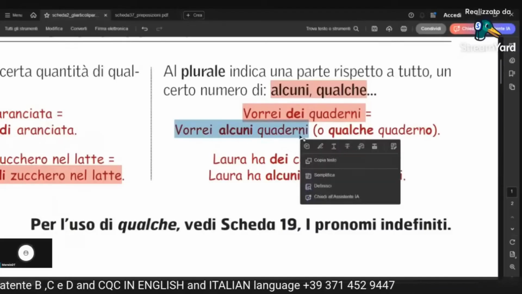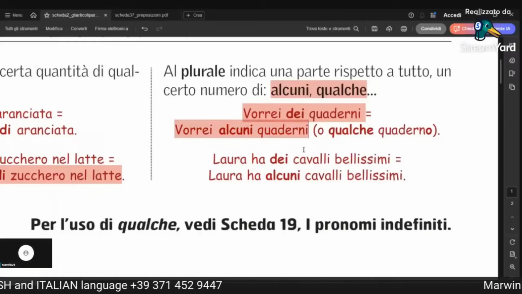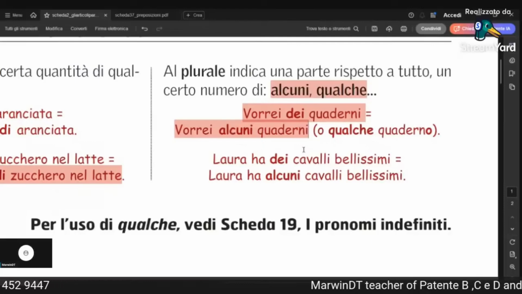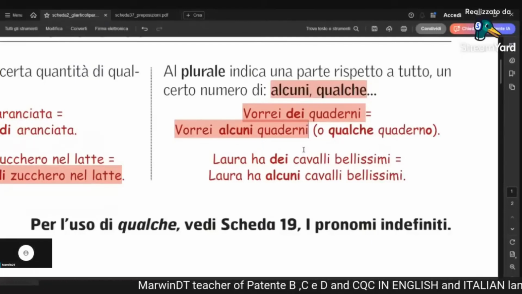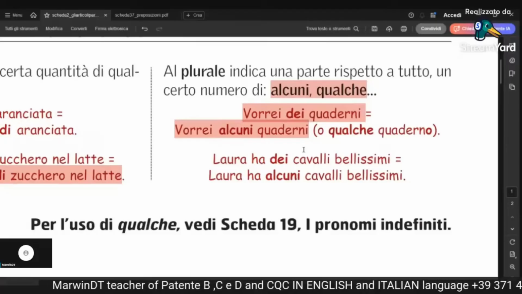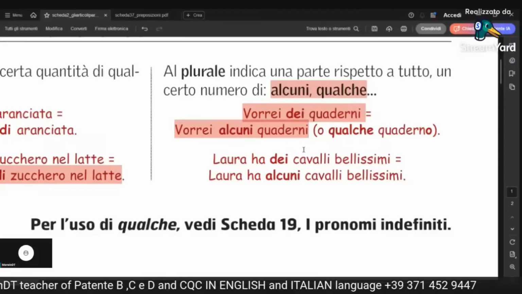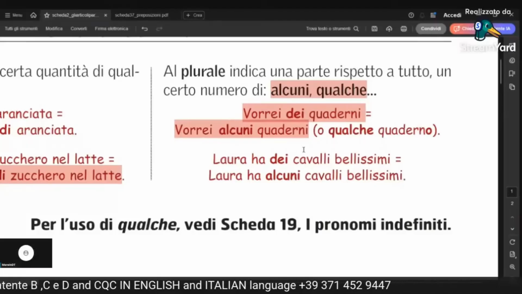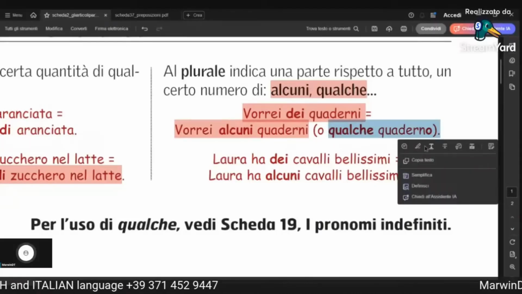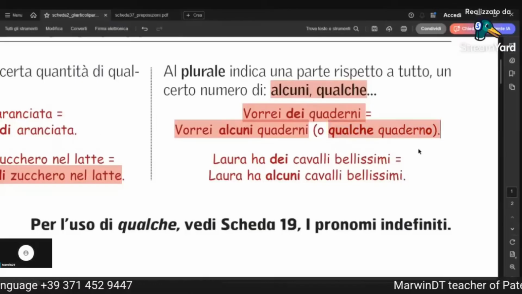So, I want some what? Some books. O qualche quaderno. So qualche quaderno is the same, meaning some books again. It's just the same. Okay.